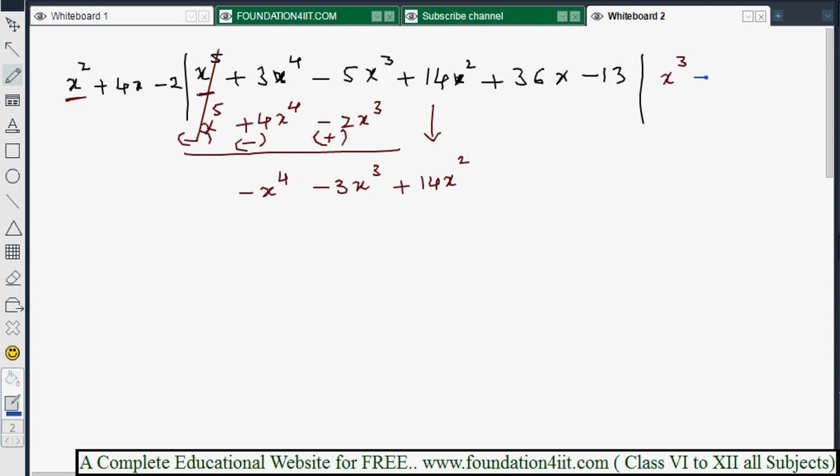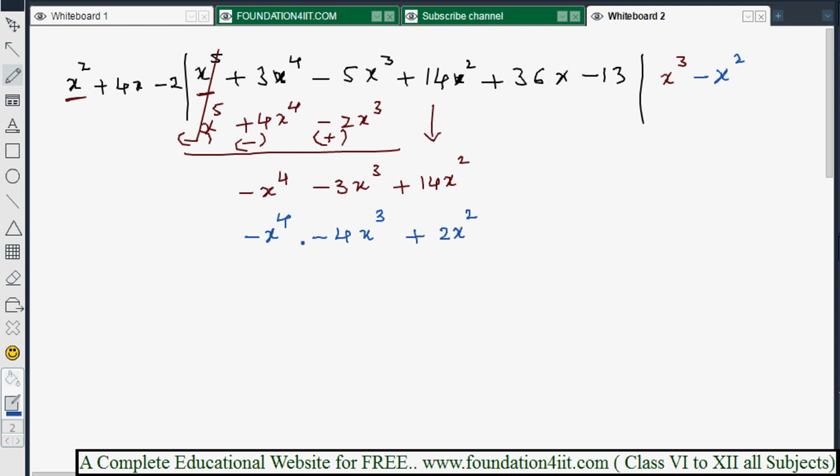Now let's see, x square into dash gives minus x power 4. That is minus x square, because minus x square into x square is minus x to the power 4. Now take minus x square and multiply it with everything in this divisor. Minus x square into plus 4x is minus 4x cube. Again minus into minus is plus 2x square.